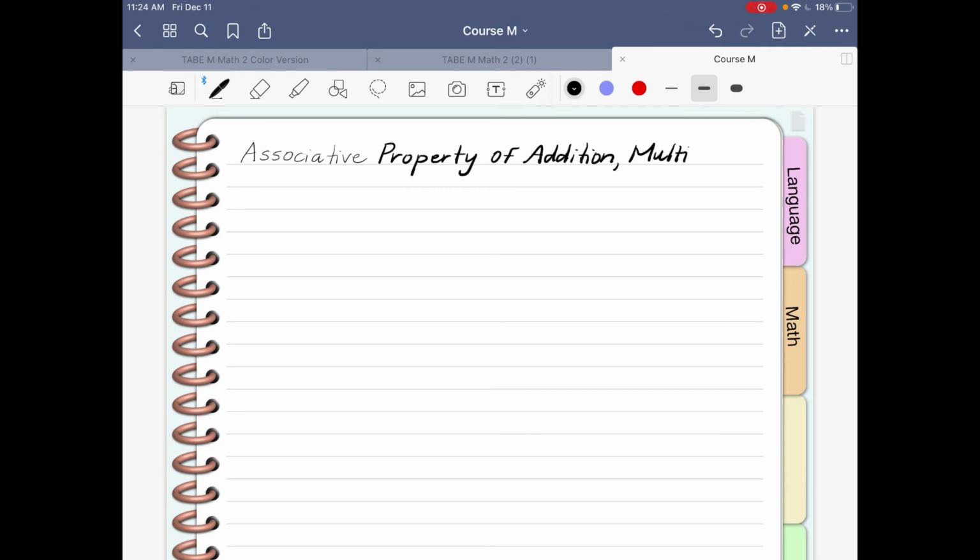I can't fit "and" in there. Multiplication. And let's look at some examples, some practice problems doing this.